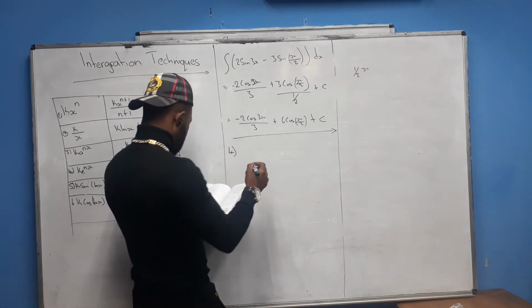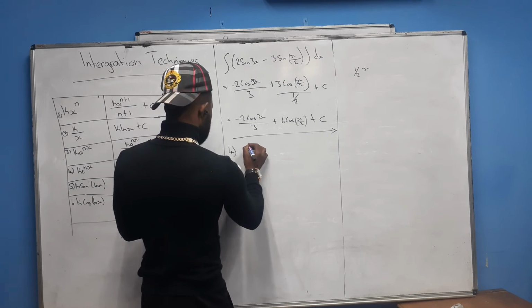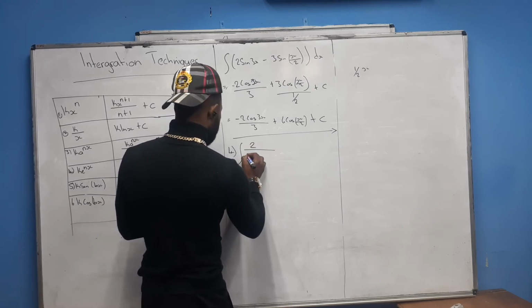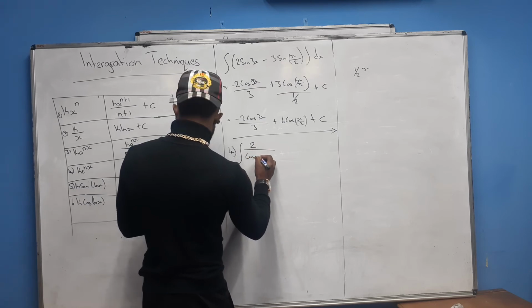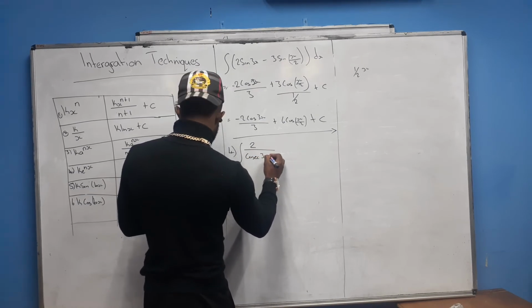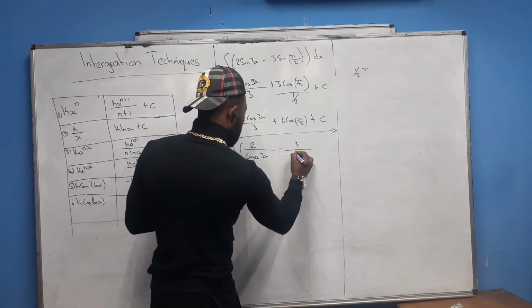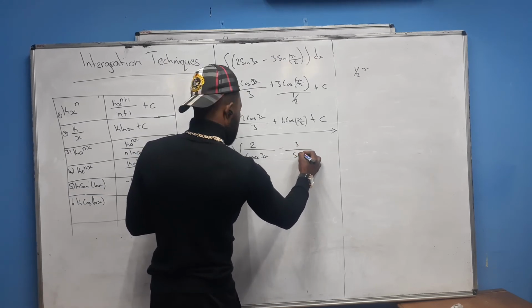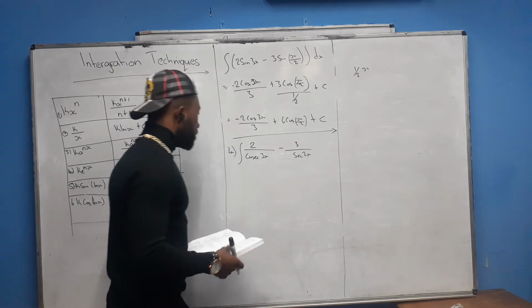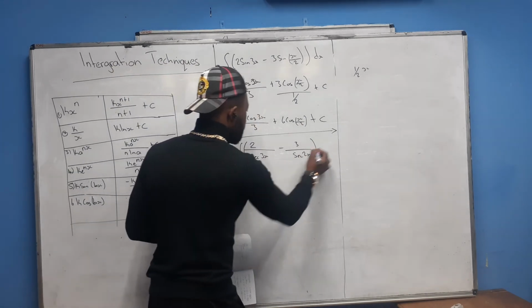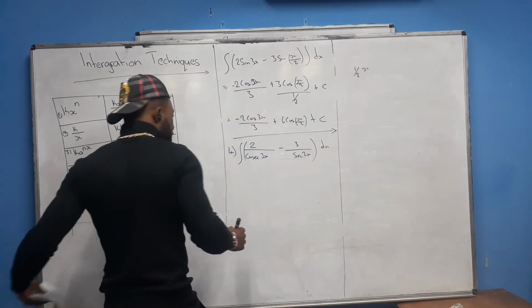Number 4 says the integral of 2 over cosec 3x minus 3 over sec 2x. And remember, I'm given a fraction here, so I have to simplify it first. And how do I simplify?